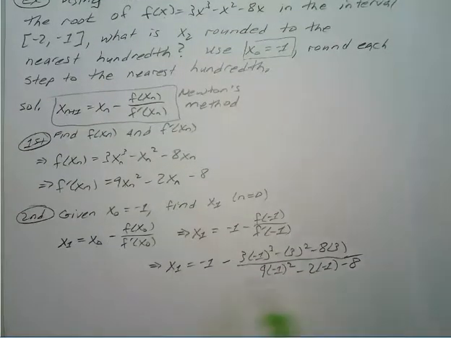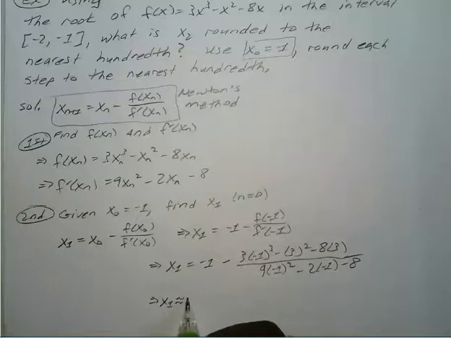Once you plug all that into your calculator, you end up with x sub 1 is about negative 2.33. And that's rounded.